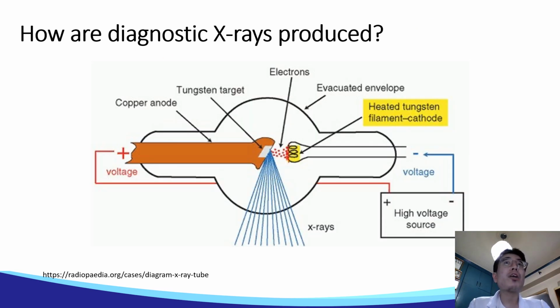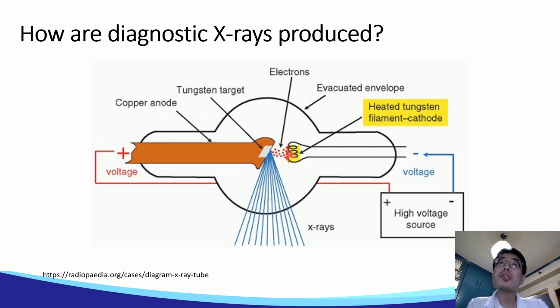How are diagnostic X-rays produced? The principle behind the production of diagnostic X-rays is actually very simple. This diagram represents an X-ray tube and it has two opposite ends. The cathode on the right side here and the anode on the left. The cathode on the right is negatively charged because this is where the electrons are produced.